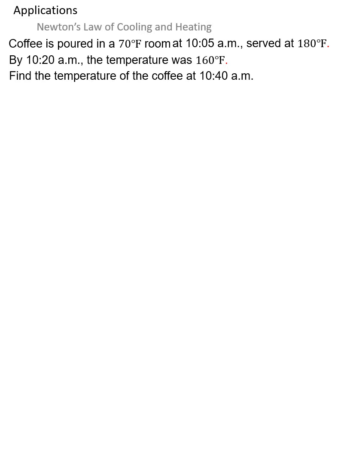So here's the actual example we're going to solve using Newton's law of cooling. Okay, here's the formula that we're going to use to model the temperature of the coffee over time.